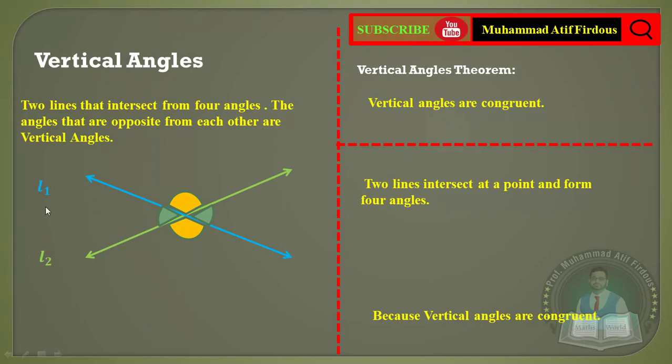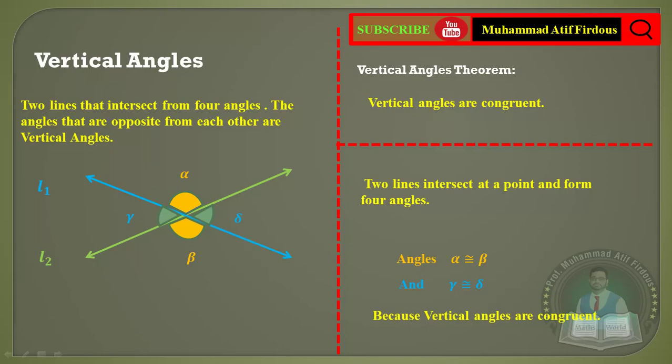On this diagram, angles alpha and beta are congruent, and likewise angles gamma and delta are congruent. So vertical angles are always congruent. We use this definition in our next examples or exercise.